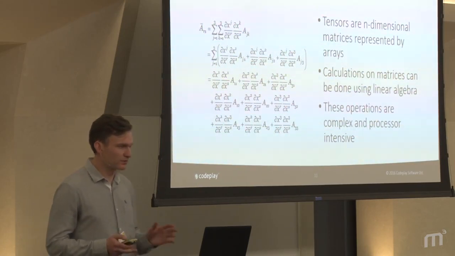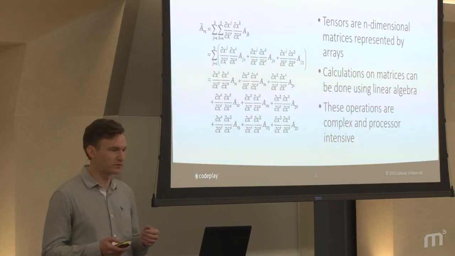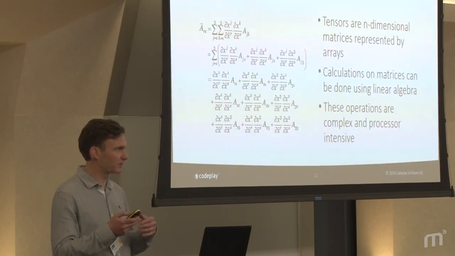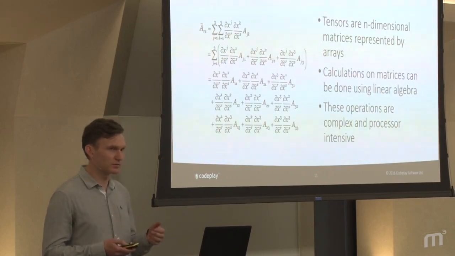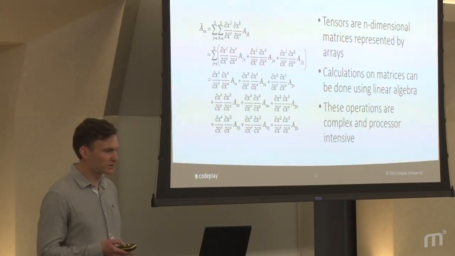So I said before, I'm not a machine learning expert. I'm also not a maths expert either. But I wanted to give you a bit of background on what's actually happening under the hood when you're using something like TensorFlow, a machine learning framework. So you can see TensorFlow is partially named after tensors, which are these n-dimensional matrices which can be represented by arrays.